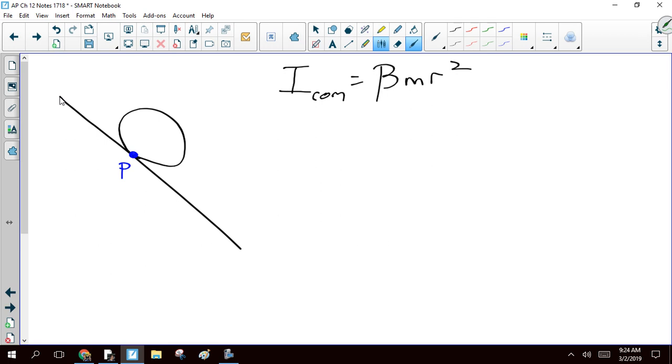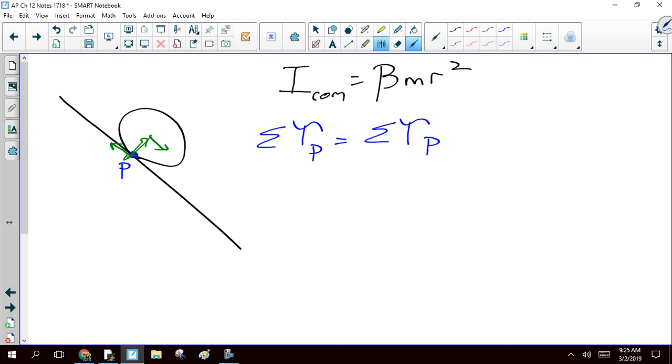Well, let's see. That means that friction's not going to provide a torque. Normal force isn't going to provide a torque. F_G perpendicular doesn't provide a torque. Only F_G parallel does. Right? So here's the deal. One equation. Net torque about point P is equal to I alpha about point P.